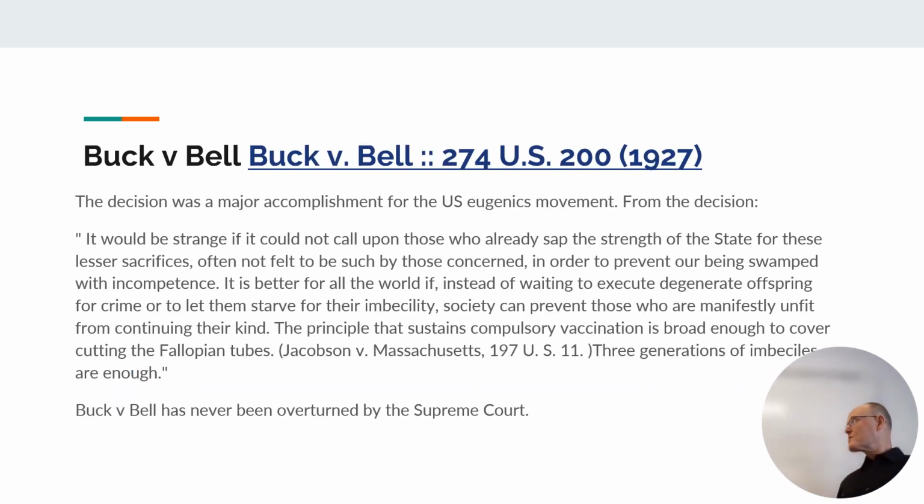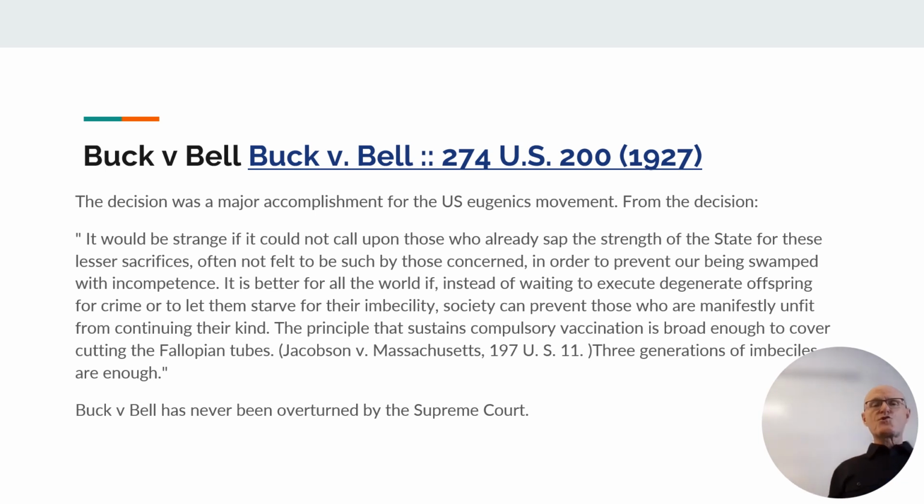And so this decision was a major victory for the U.S. eugenics movement. And here's a quotation from the judgment. It's a long legal case. This is what Oliver Wendell Holmes wrote.